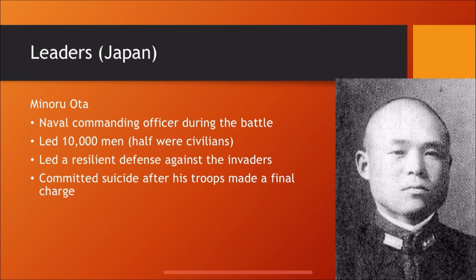On June 13th, 1945, his troops made one final charge of desperation against the Allies. This attack failed as the Japanese simply did not have enough troops to combat the Allies. After the failed last resort attack, Ada also committed suicide.